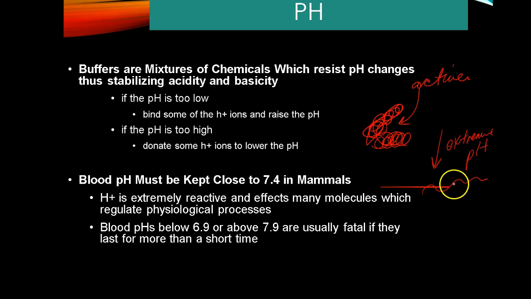This has no what? Active site, so it's not going to be active. So we've damaged whatever chemicals, meaning proteins and macromolecules, that have been active in the body, because of the pH that we've exposed them to.